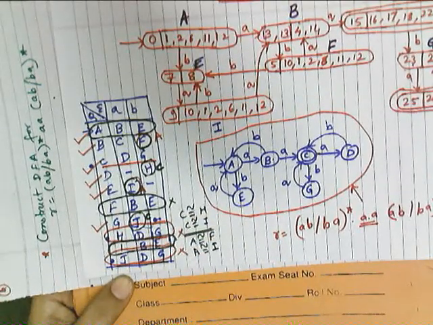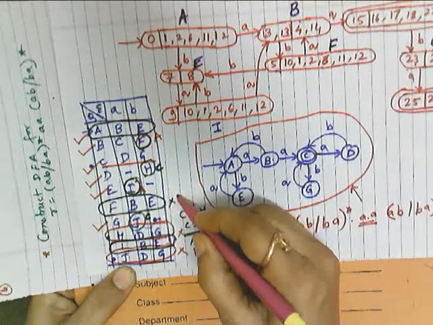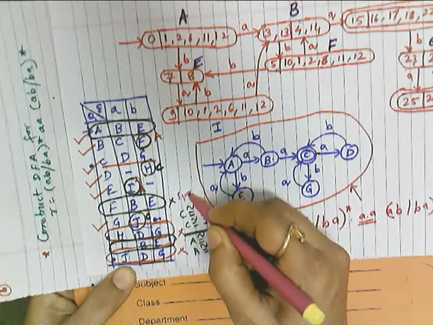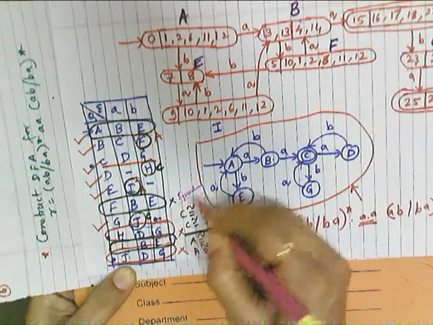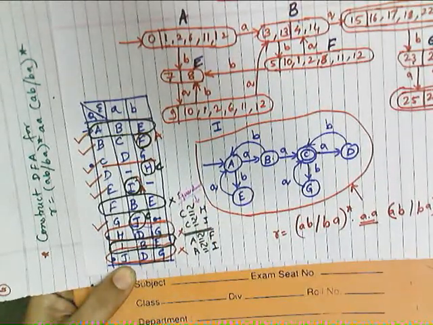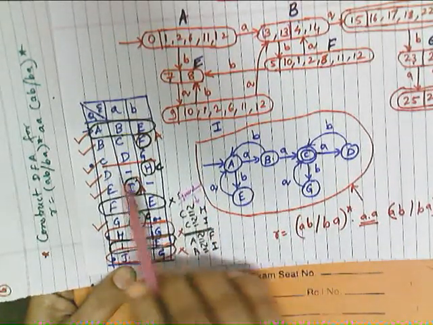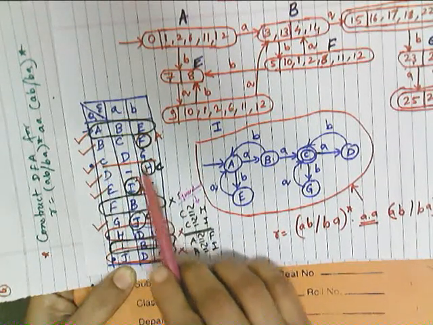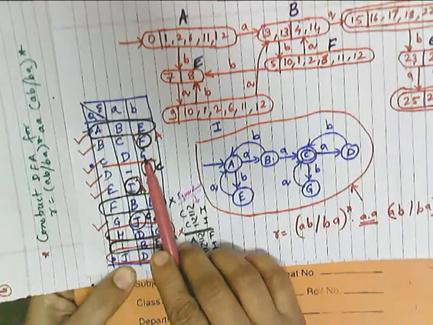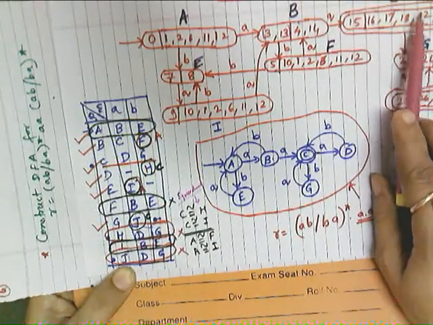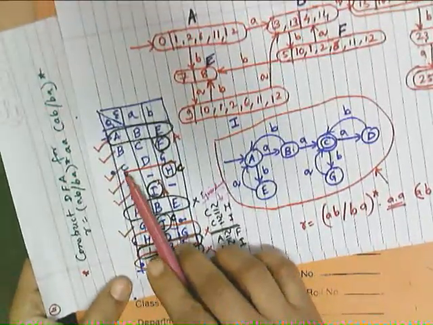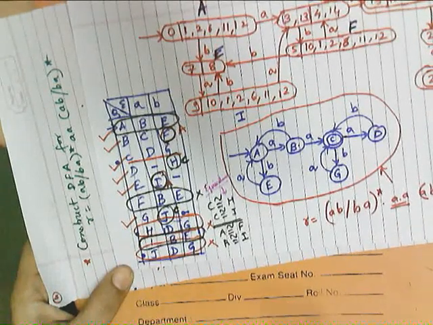Now what are the observations? Observations are that equivalence is existing here. Okay, so in this what you can see here, C state is a final state, our H state is a final state and J state is a final state.